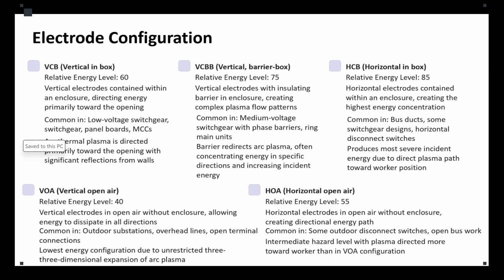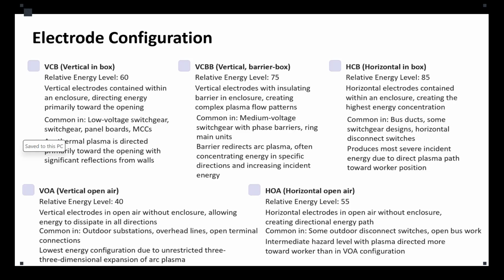We could have vertical conductor in a box with barriers, VCBB. Orientation is vertical. The conductors are in the box with a vertical barrier or phase separation. The relative energy level is considered 75, and this configuration normally happens in metal-enclosed medium voltage switchgear, ring main units, or gear with internal insulating barriers.